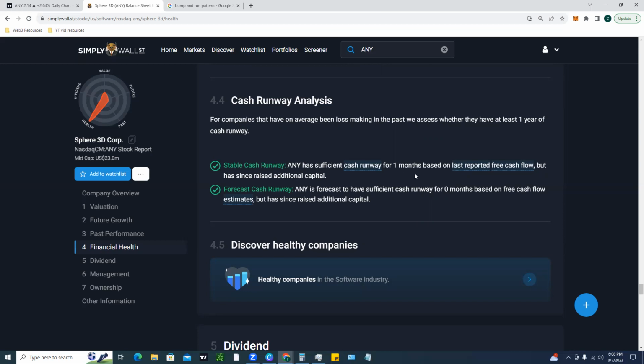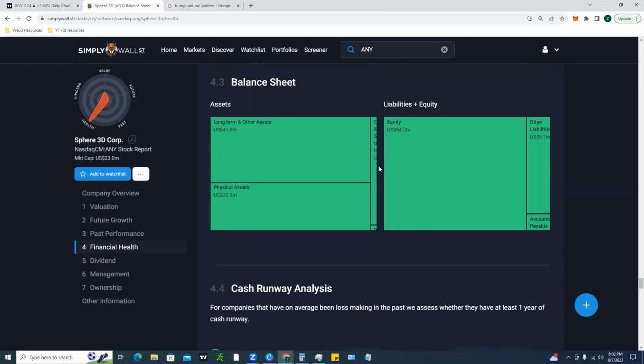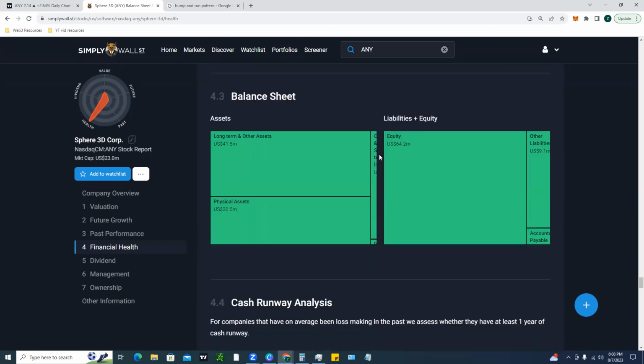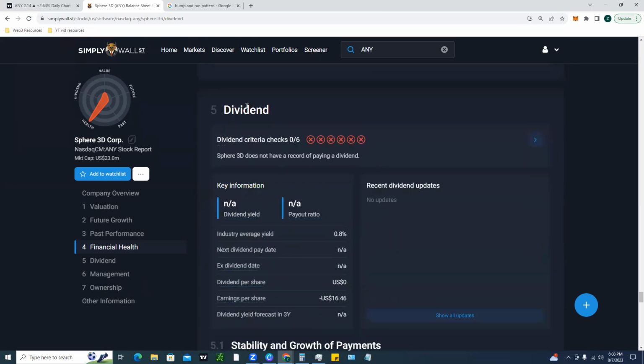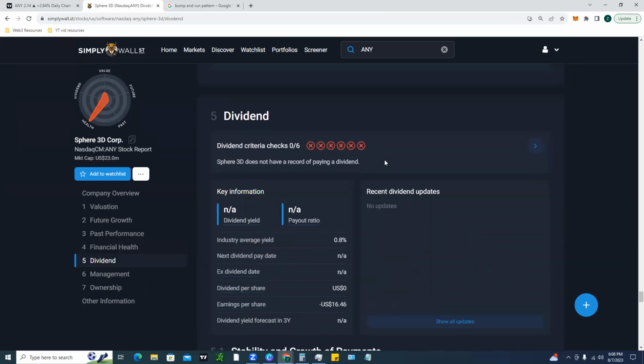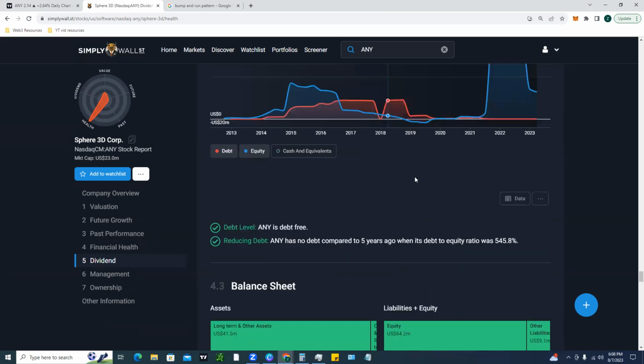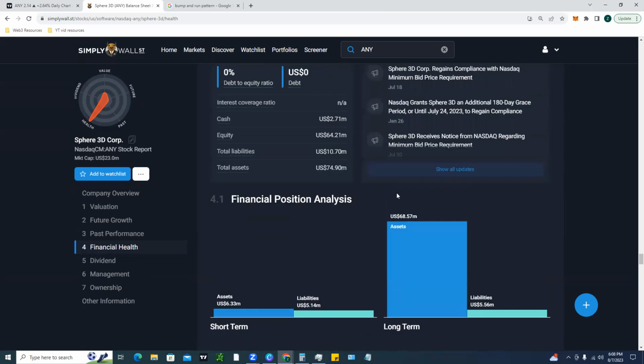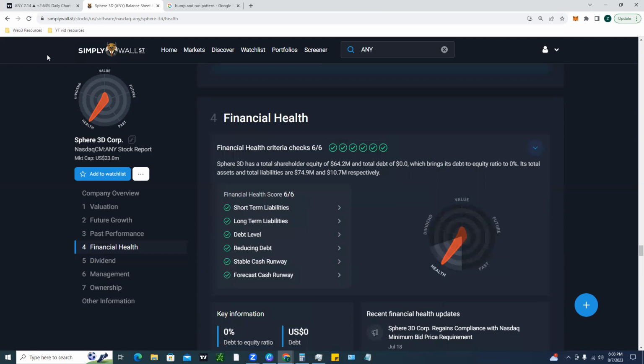Now, the reason it says 1 month and 0 months here is because essentially they have no debt, so they're not really too worried about things like that. Again, you can see here, no dividend payment. So this I would say is one of the strong points of ticker symbol any.